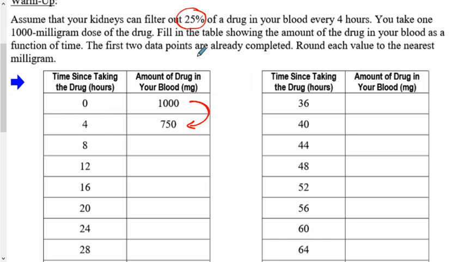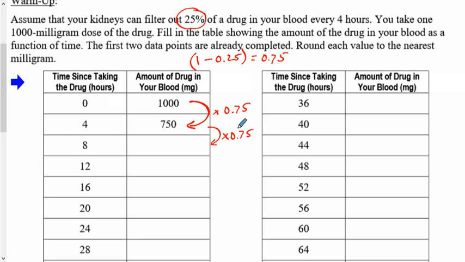So there is 100% in your blood, and we're taking out 25%, which gives us 0.75 as how much is left in your blood system. So we took this and multiplied by 0.75, and that gave us the 750. We keep that pattern going, multiplying by 0.75 to get our next entries in the table.